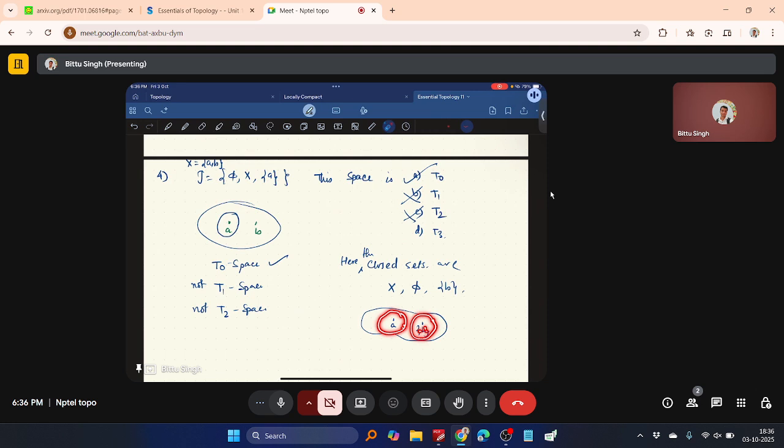Because there is no open set which contains B but does not contain A. So it is again not T3 space.